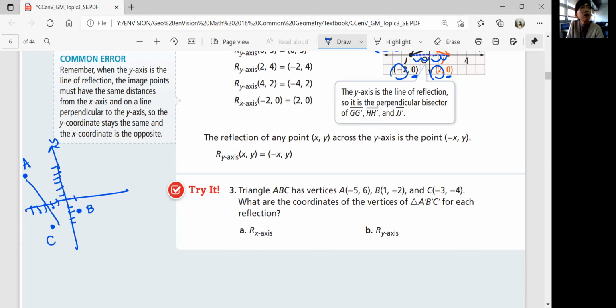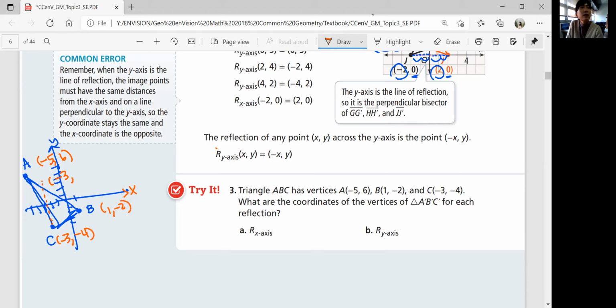Okay. So it goes over your x and y axis, right? What are the coordinates of the vertices? When you reflect across the x-axis, this is x, right? So then your C is (-3, -4). When you reflect across the x-axis, which values change? Do you remember? X stays the same, the y is going to change. So to the opposite, right?